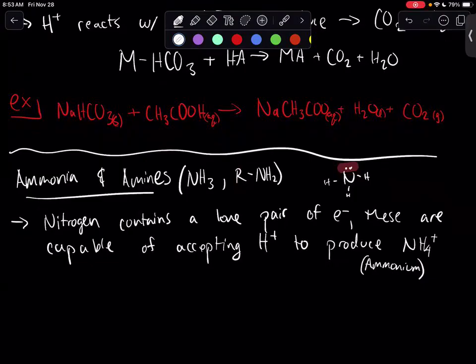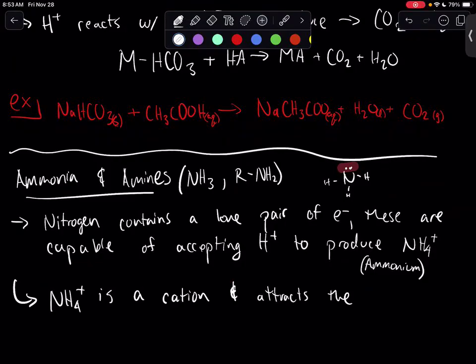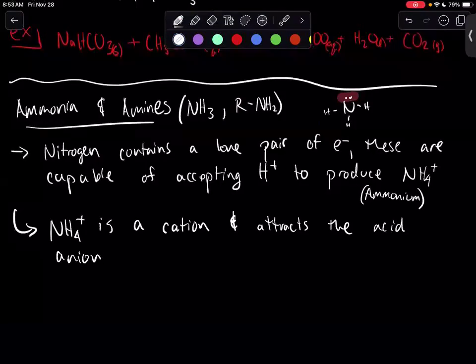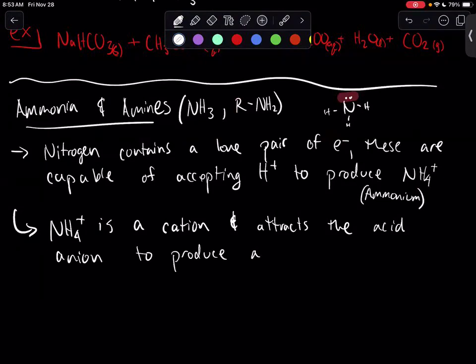So the thing is, that NH4 plus is a cation and attracts the acid anion to produce a salt. So this is still going to produce ionically bonded salt. It's just different than the metal hydroxides because this is not a metal salt.